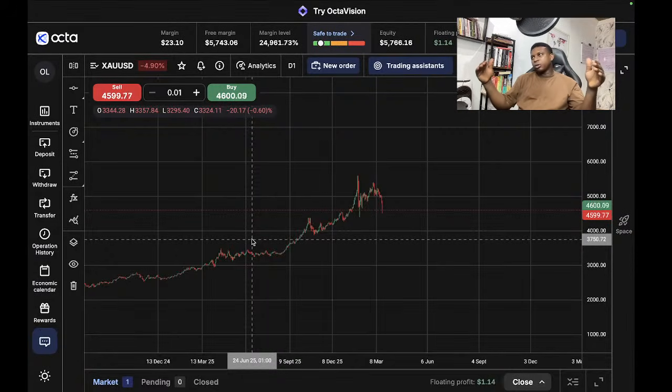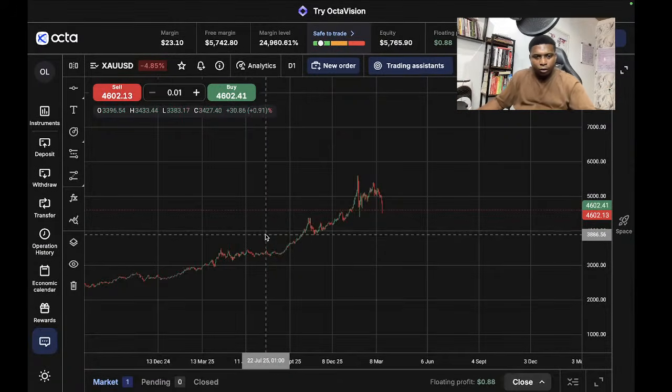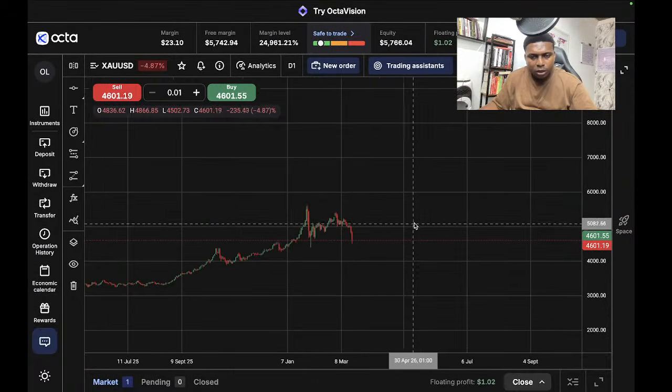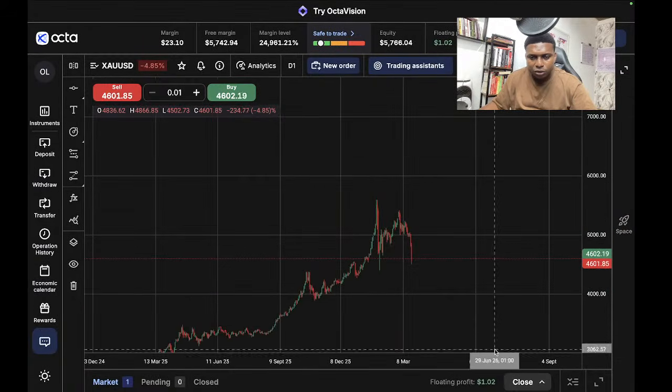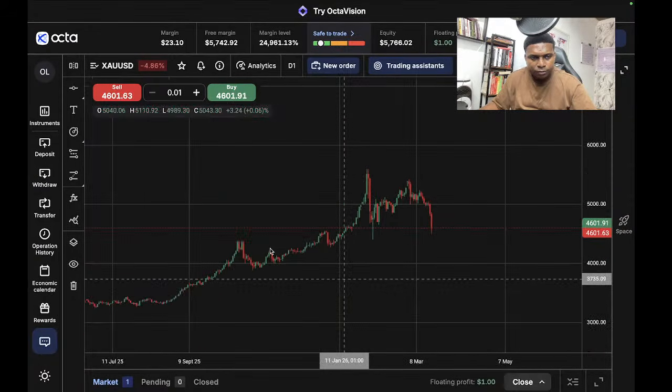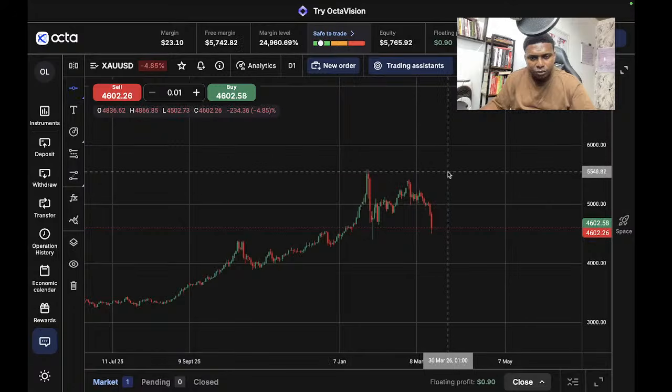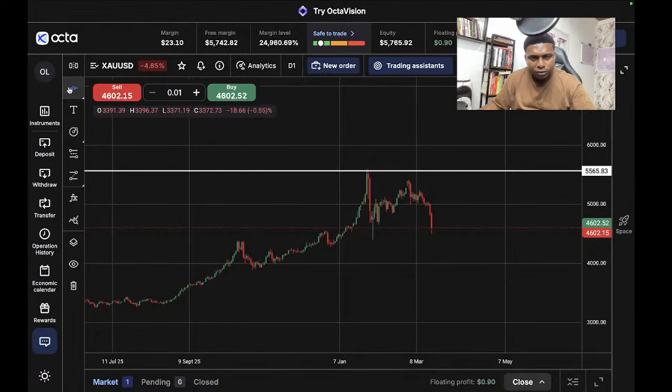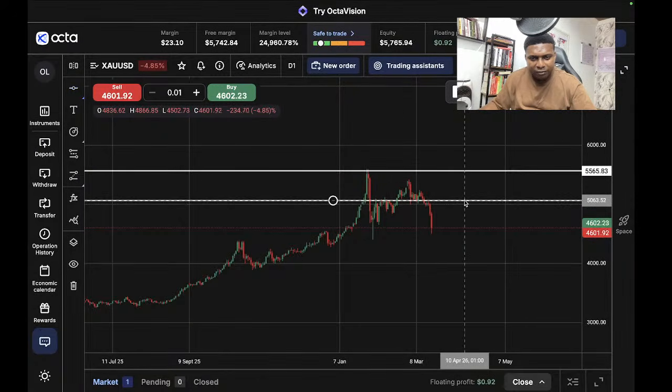What is the level of support and resistance? Where is price currently seated? So we're going to do this. Let's map out these levels. These are key levels.